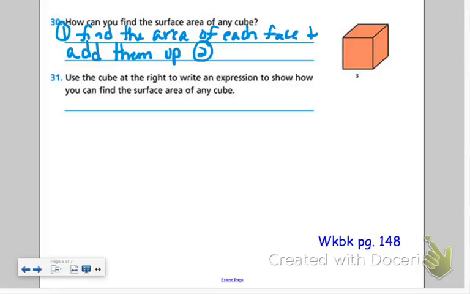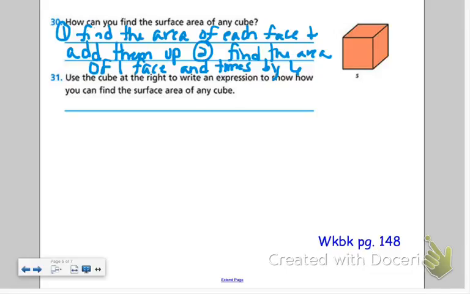Or 2, find the area of one face and times by 6.